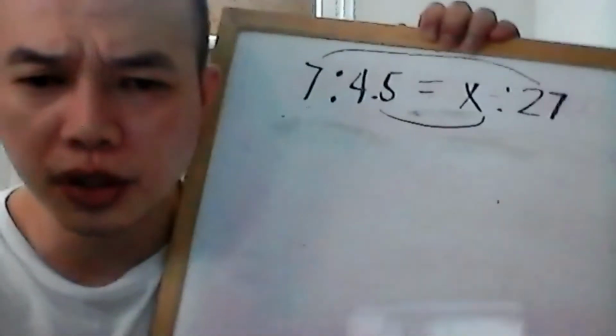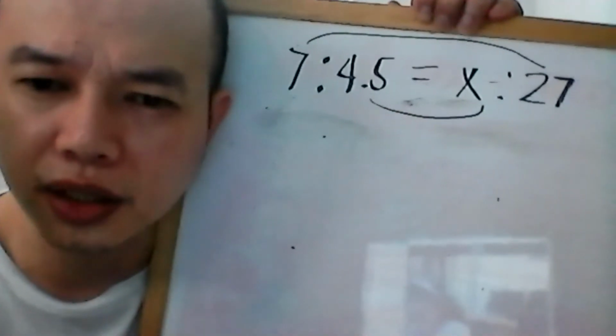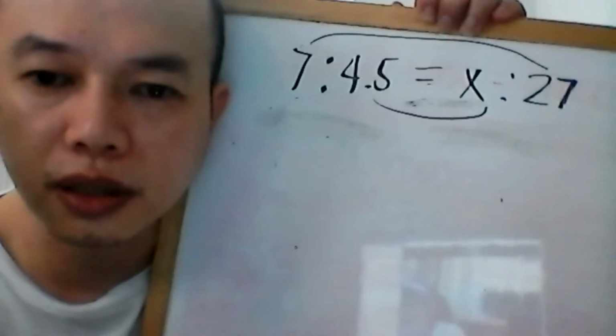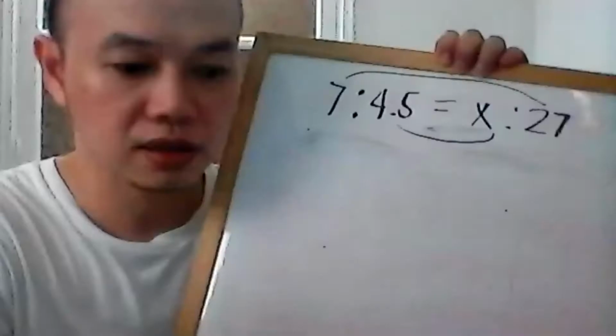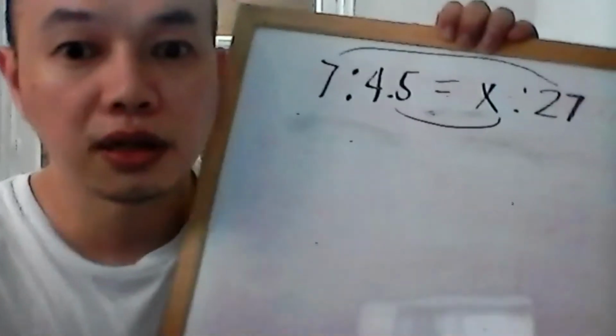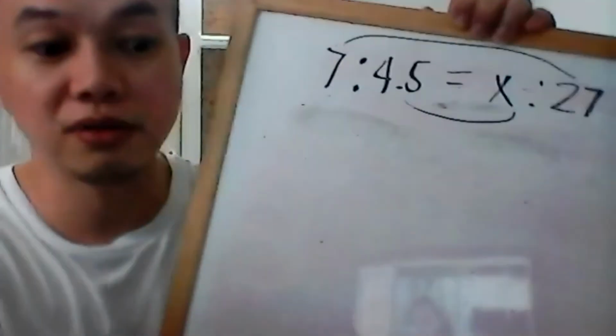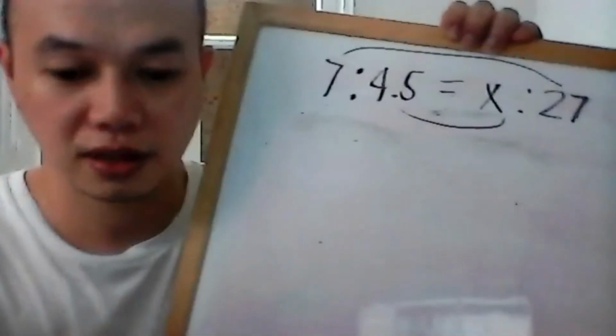How old is your teacher, by the way? Is she, right? Is a girl, a woman? You don't know how old is she? She looks old already. Yeah, she looks old. Oh, okay.